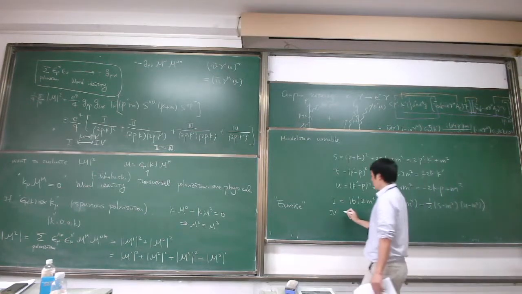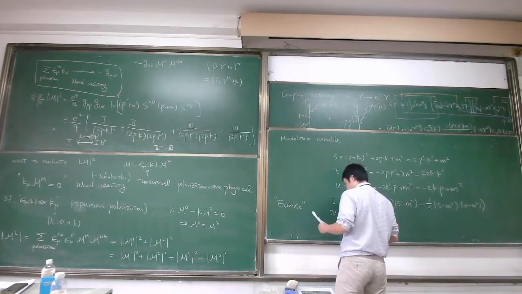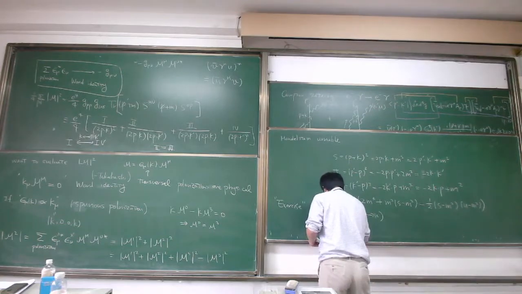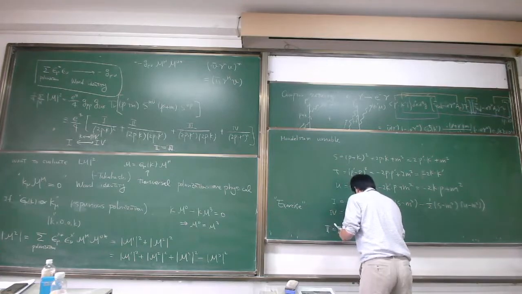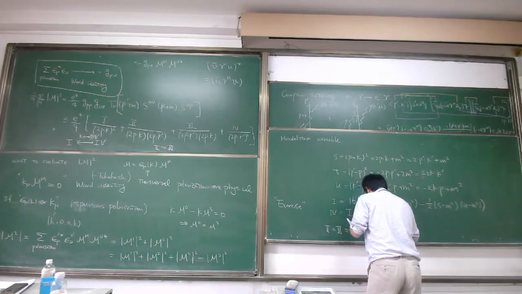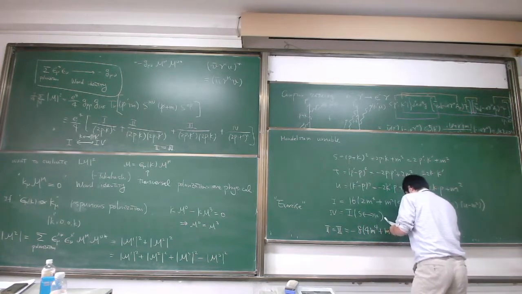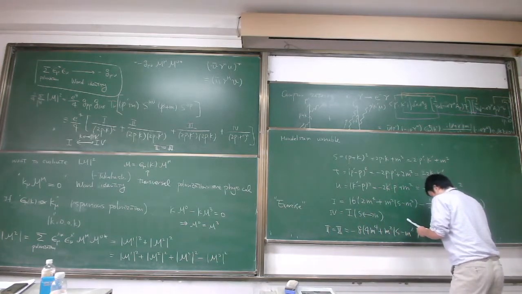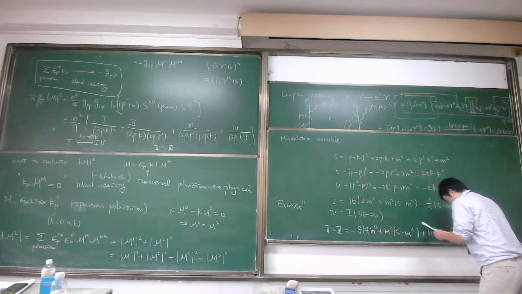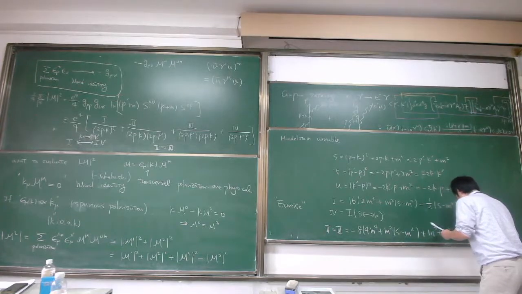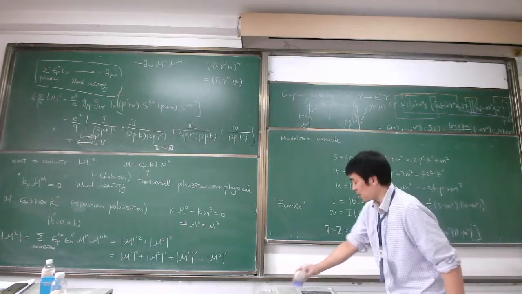And this is equal to 1, with s and u swapped. And 2 and 3 is equal to minus 8 m to the fourth, m squared s minus m squared plus m squared u minus m squared. This derivation appears in homework 5.